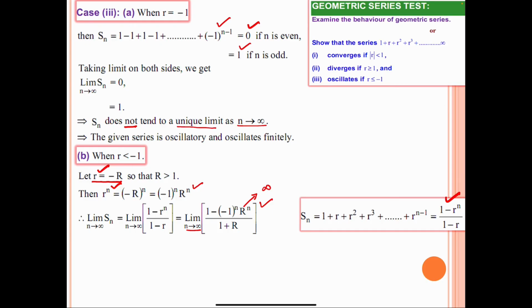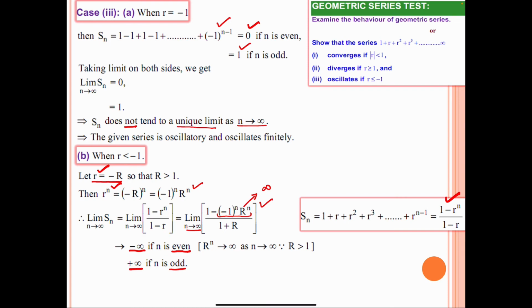So if n is even, it becomes minus, so minus infinity. This complete term is minus infinity. So 1 minus infinity is minus infinity. So minus infinity over something is minus infinity. This means that this sum is minus infinity if n is even, and plus infinity if n is odd.